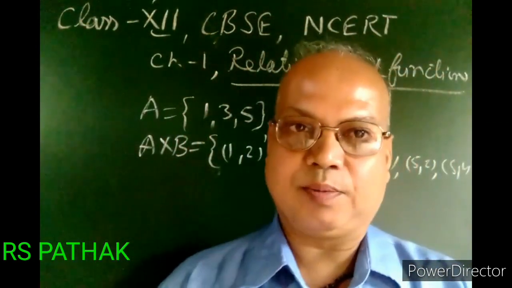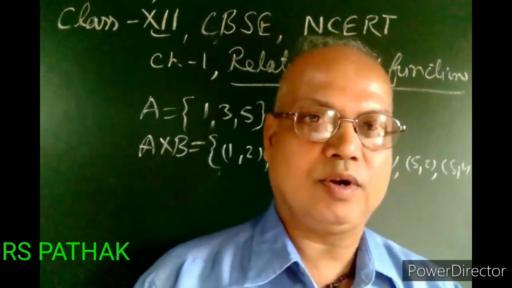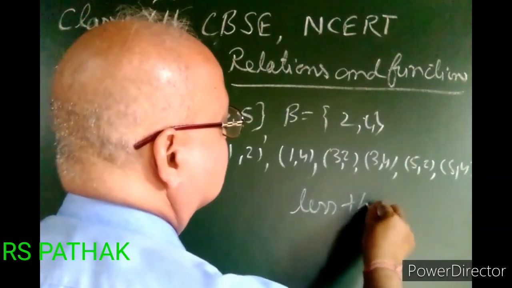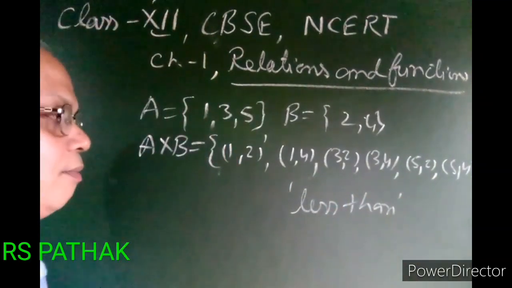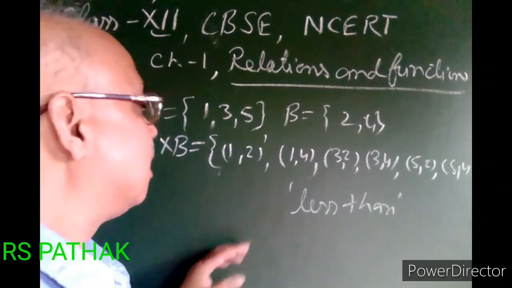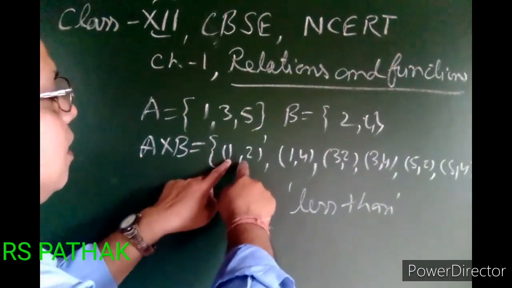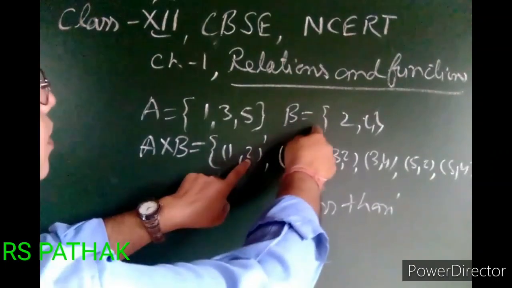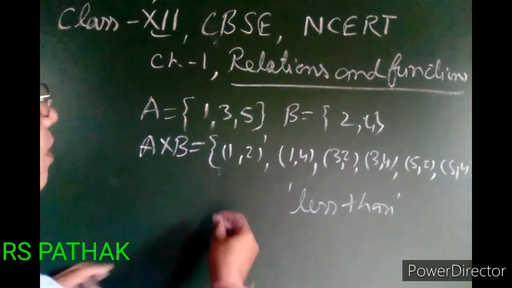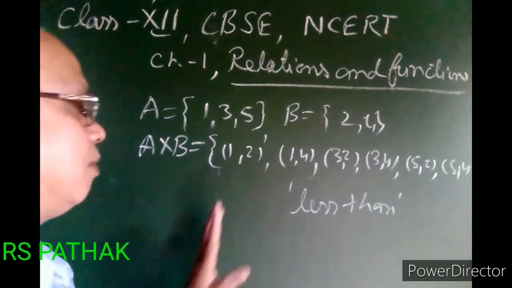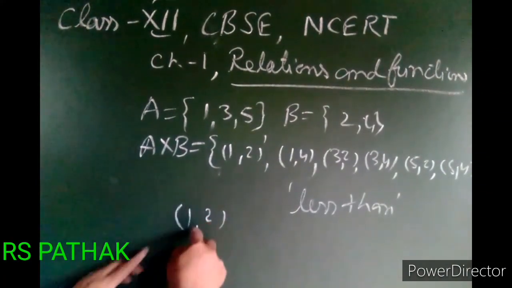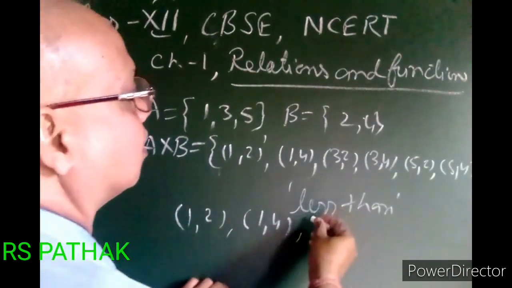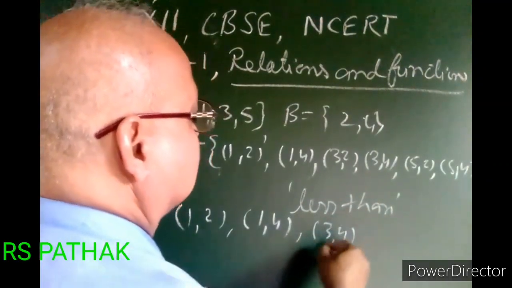If it is possible, I am going to find the relation of less than. Meaning that the element of A is less than the element of B, because this one is an element of A and this 2 is an element of B. Then 1, 2, because 1 is less than 2. 1, 4, 1 is less than 4. 3, 4, 3 is less than 4.